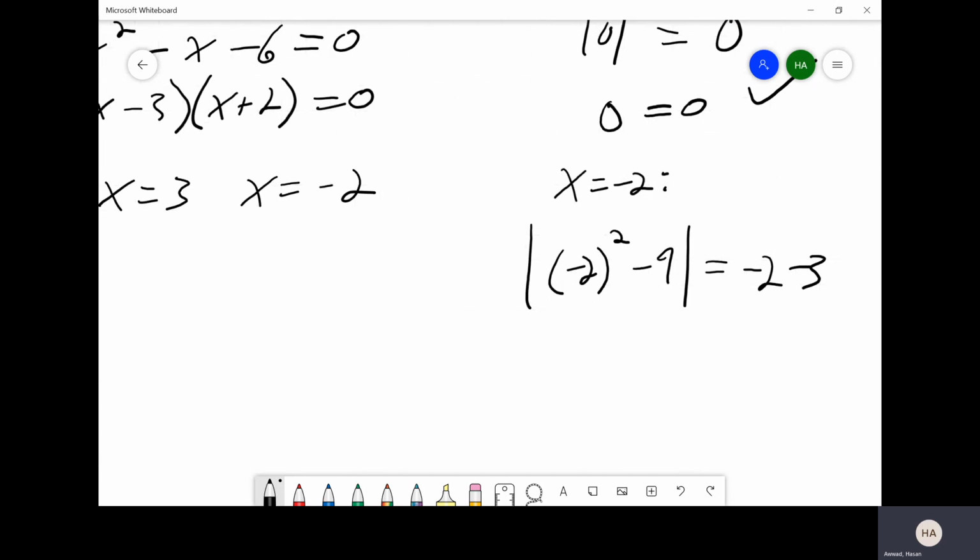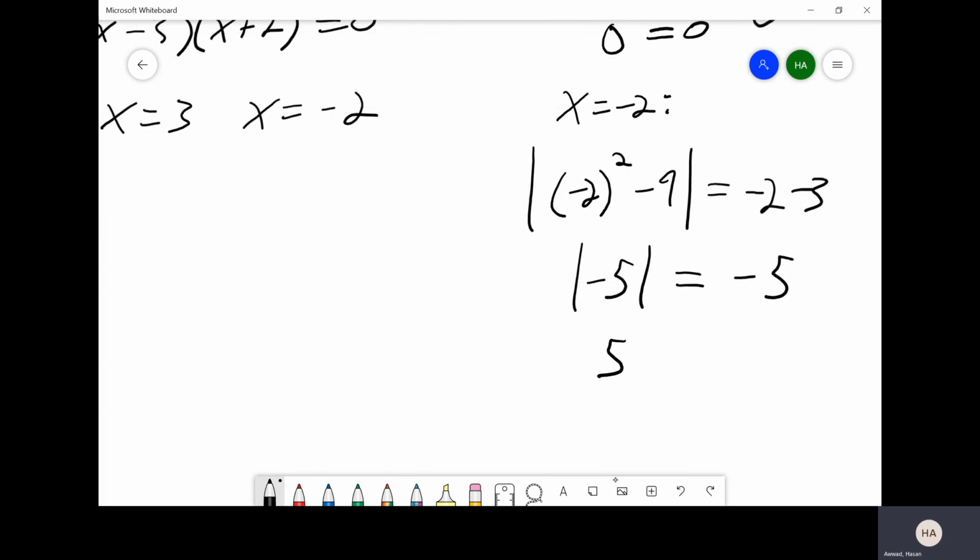And 4 minus 9 is negative 5, right? So the absolute value of negative 5. And over here, we have negative 2 minus 3. So we get negative 5 as well. But wait, absolute value of a negative 5 is going to make it positive. So we just end up with 5 is equal to negative 5. And we know that obviously that's not correct. So x is equal to negative 2 is not a solution.